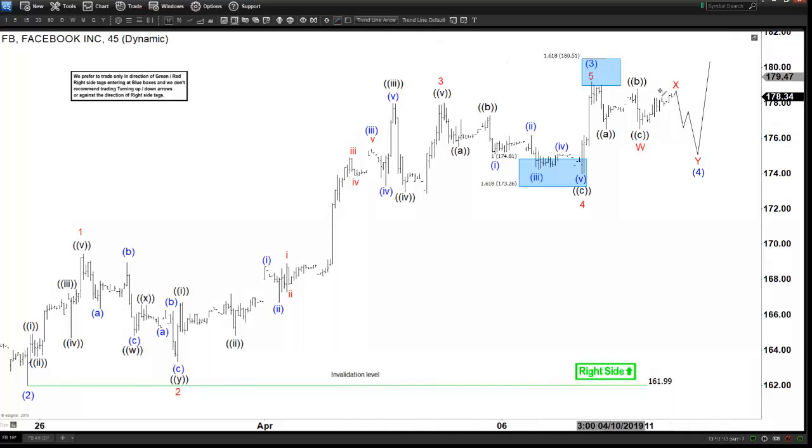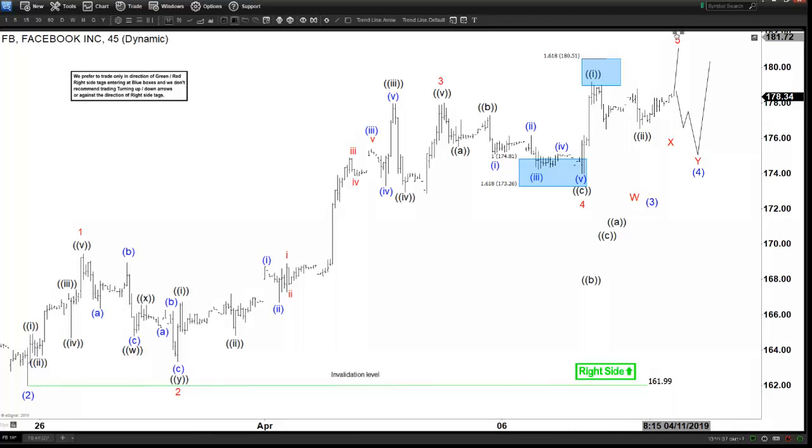Now what if Facebook breaks higher tomorrow? Well, if that happens, then perhaps it's still within the wave 5, right? Perhaps this is only ending wave 1 of 5, and then you've got a wave 2 of 5 here. Just giving you some sort of alternate. And if it breaks higher, then we are still within the wave 3 of 5.